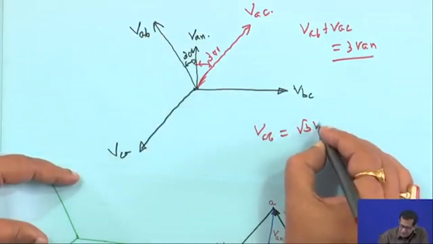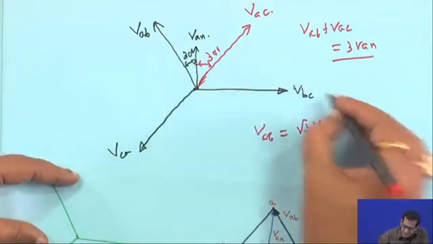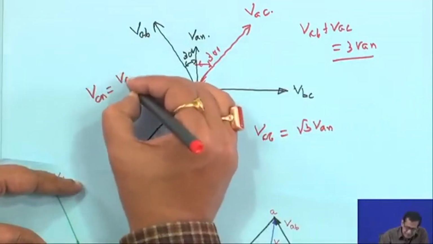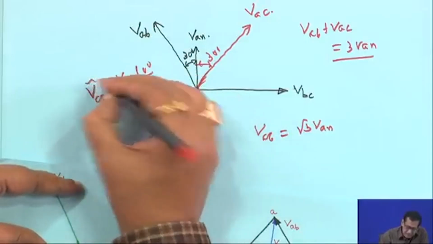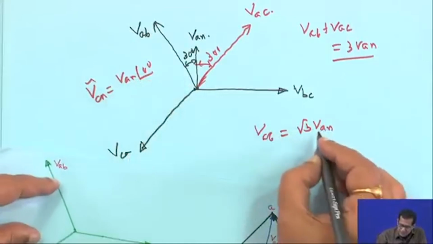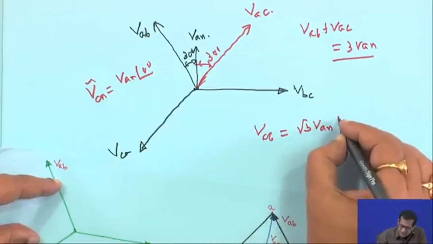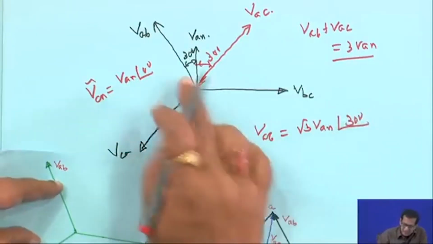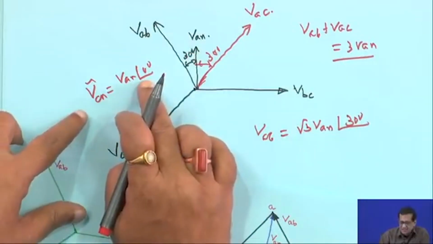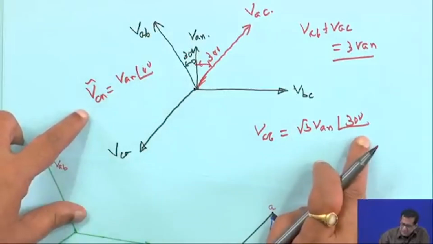Suppose this is a phasor quantity, VAN angle 0, then VAB will be root 3 VAN, but the angle will be plus 30 degrees, because it is leading. So if VAN is the reference, VAB will be root 3 VAN angle 30 degrees.